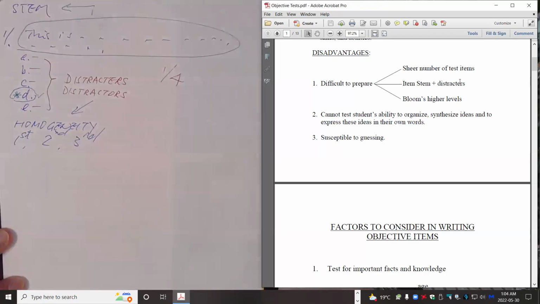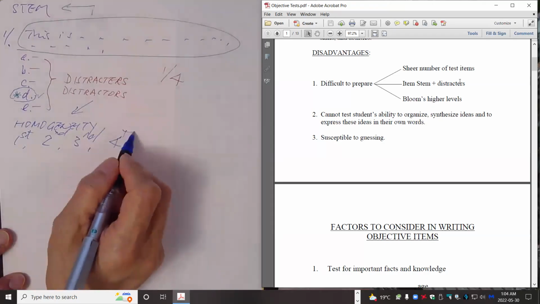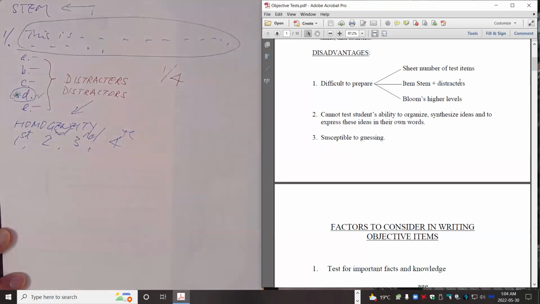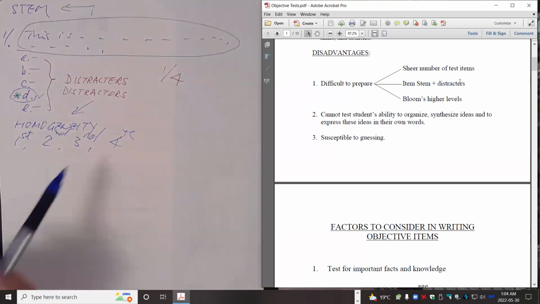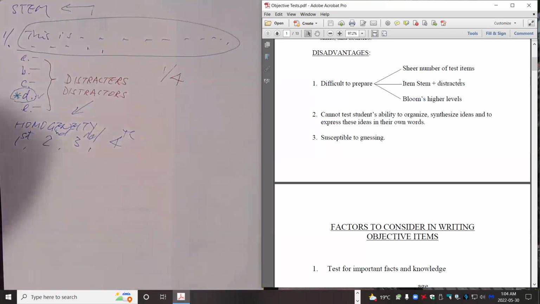The third is extremely difficult. Almost impossible. You know what I mean? So it is a challenge to have homogeneous distractors in multiple choice test items. It is difficult to write a good multiple choice test item.